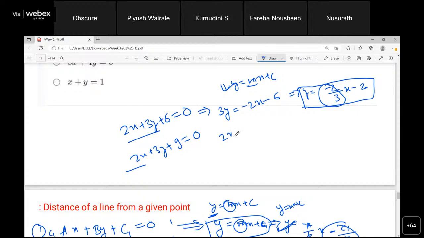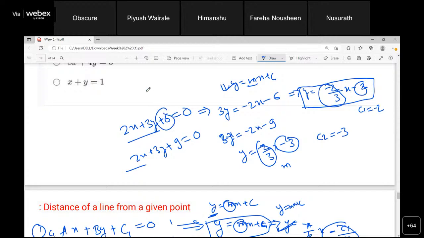In both cases, m will be the same. This one, 3y equals minus 2x minus 9, that is y equals minus 2 by 3 x minus 3, right? So here also m is the same, and this one is my c1, c2. So here c1 is minus 2, and here c2 is minus 3. But in this case, my capital C1 is 6 and capital C2 is 9.